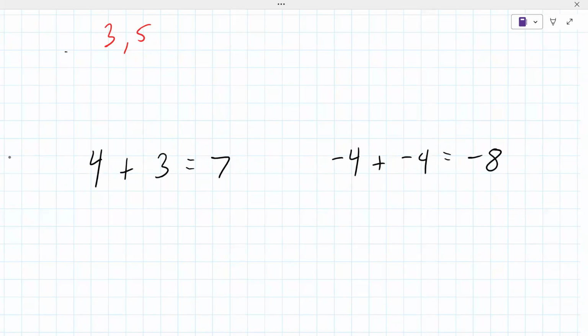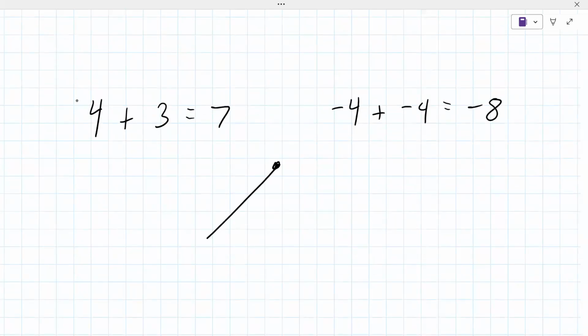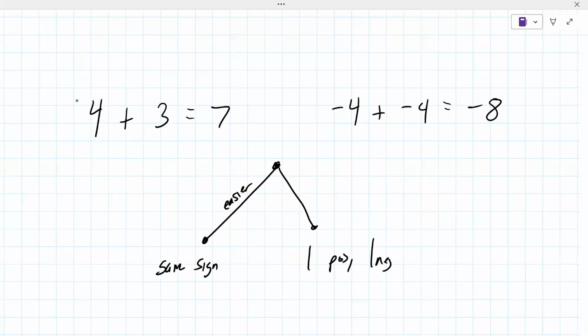Very good. So there's two sets of rules. There's rules for when they're same sign, which we've just done. Those are the easier ones. And then one positive and one negative, the more difficult ones. So the challenge is you have to be able to go between them.